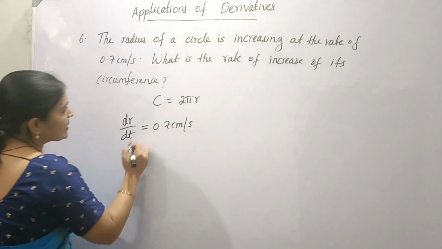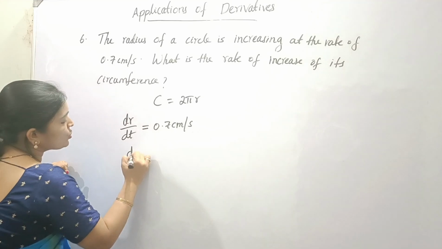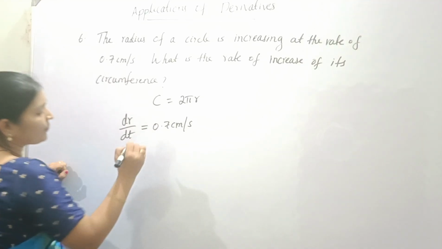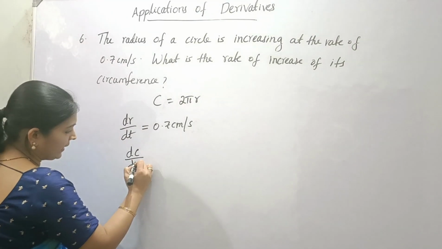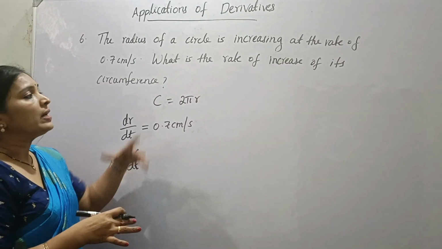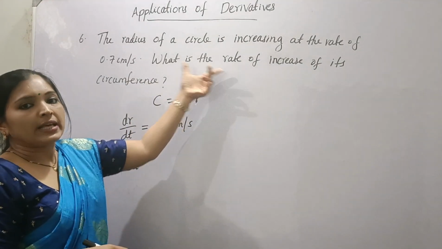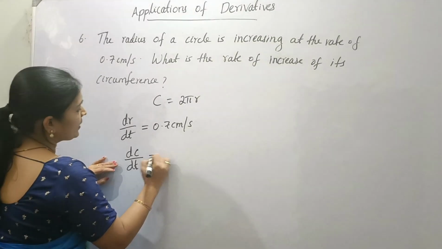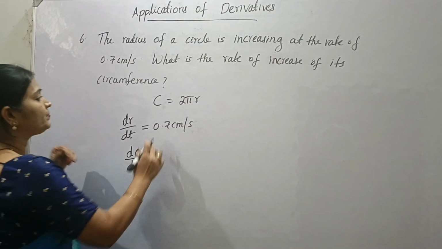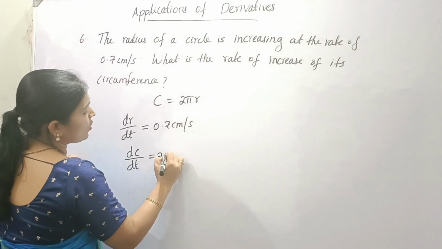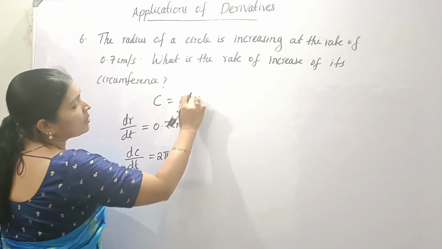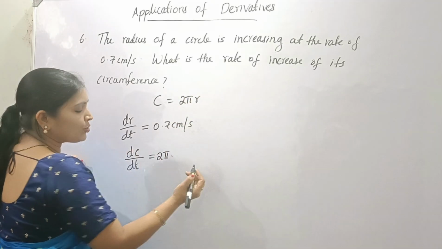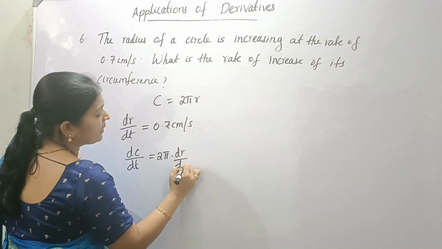So here C is equal to 2 pi r. So dC by dt, because we need to find the rate of change of circumference with respect to time, right? dC by dt is equal to 2 pi, which is constant, into the derivative of r with respect to t, dr by dt.